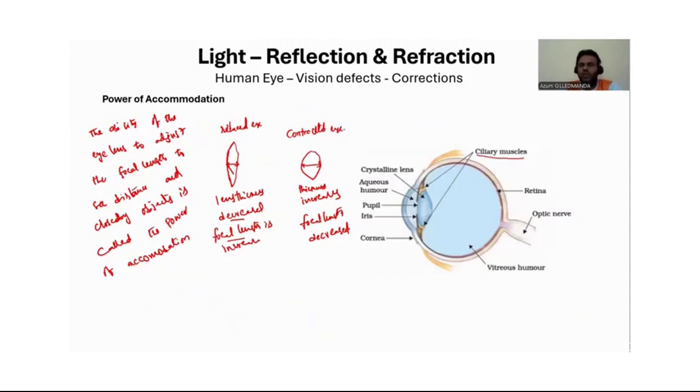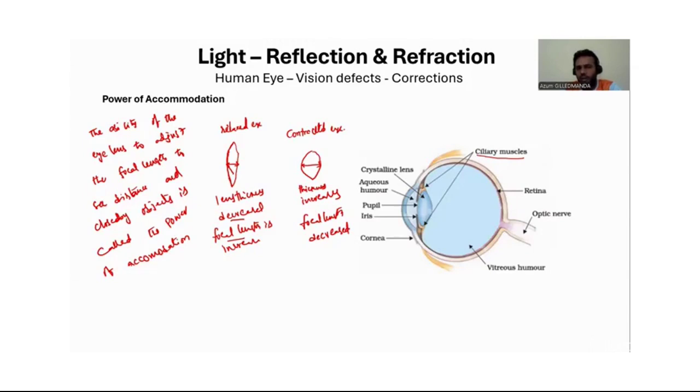This is a very powerful thing that we have in our eye, that is ciliary muscles, the muscles that are on top of our eye, which control the movement as well as the lens size, the thickness of the lens. So when the eye is relaxed, the thickness of the lens is smaller, thin. That means the focal length has increased.